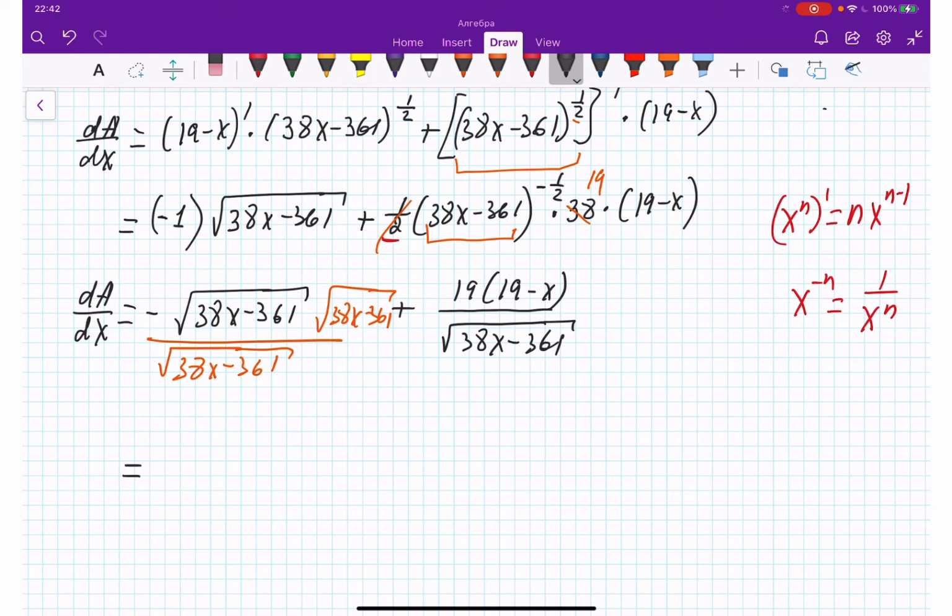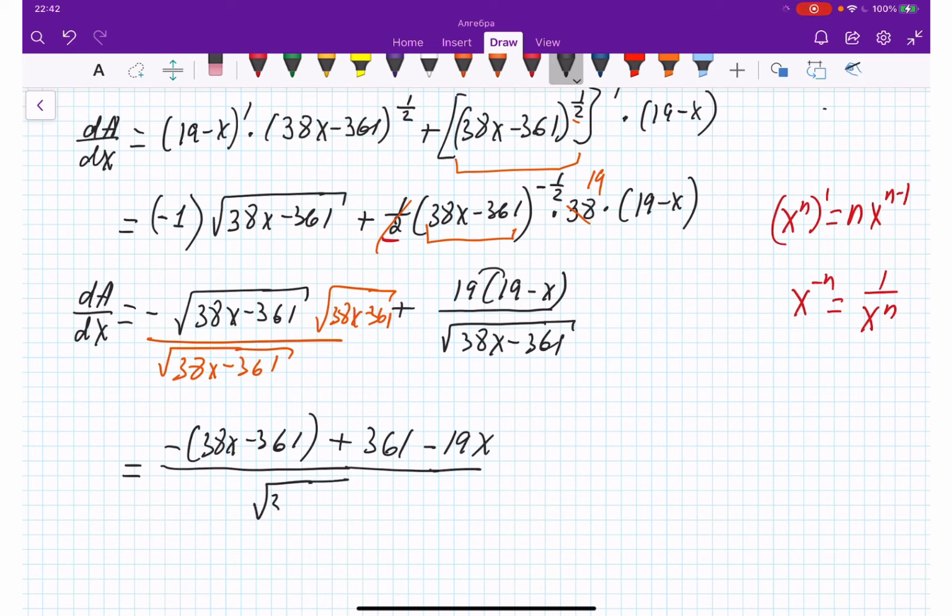The clean expression comes out, and it's going to be negative, in parentheses, 38x minus 361, and plus, we can distribute here, 19 times 19, 361, and minus 19x. And the denominator is the square root of 38x minus 361. This is what we get at the end.